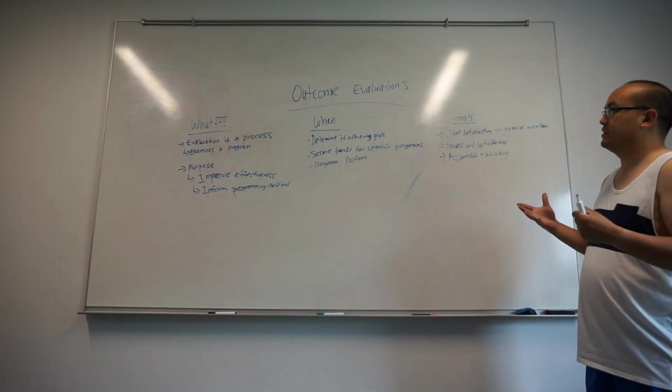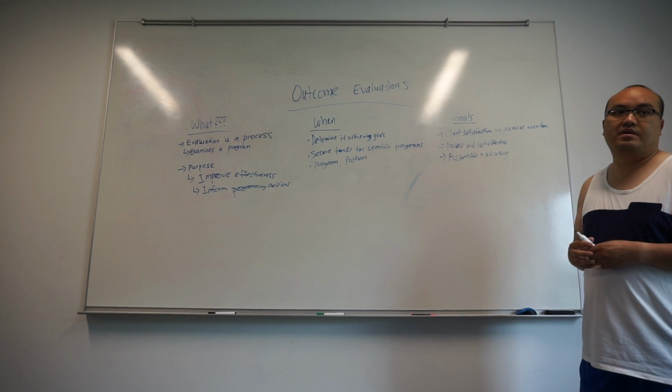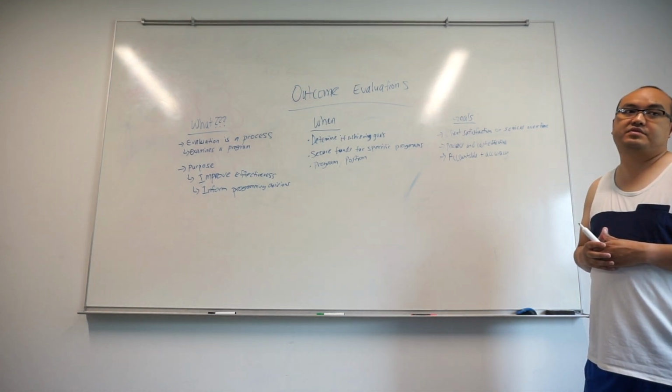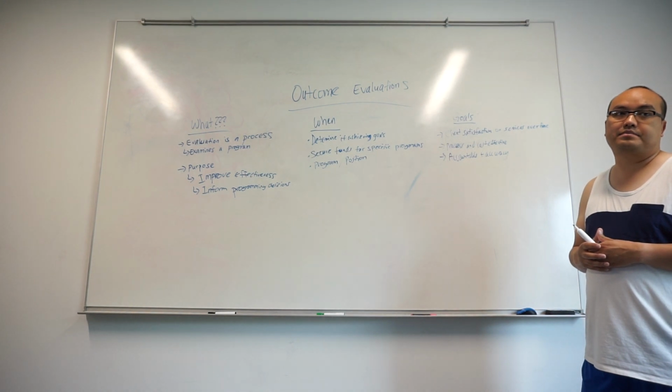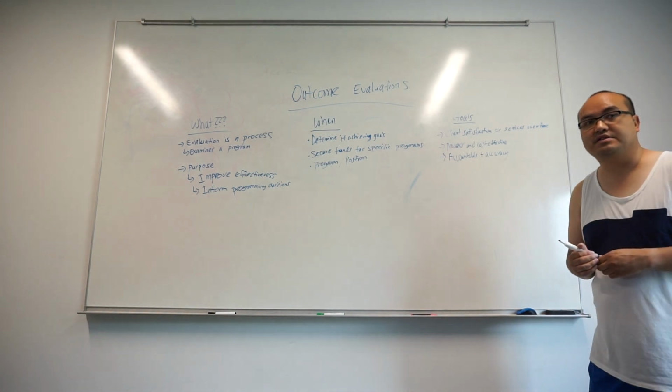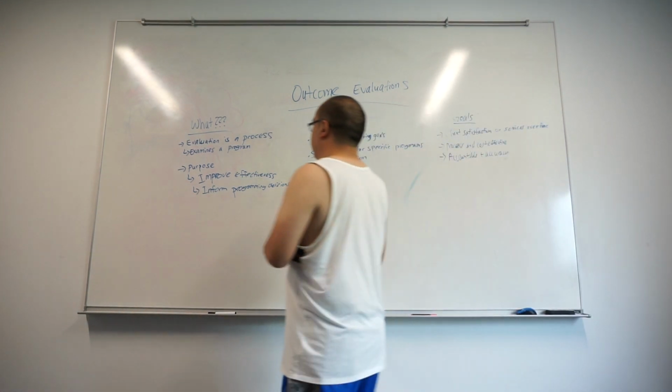So now we know what the what, when, and goals are. Is outcome evaluation formative or summative in nature? We researched information and went through the textbook, Newman, and we found that outcome evaluation is summative in nature.